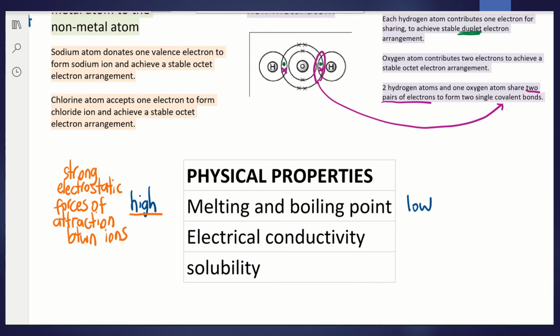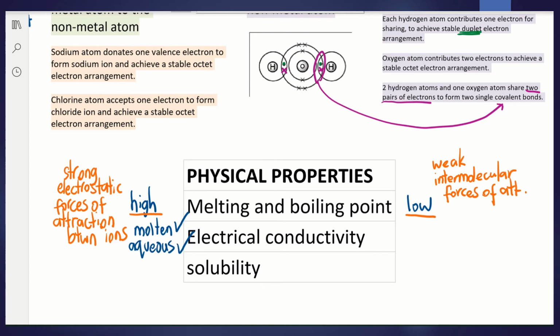Covalent compound has low melting and boiling points due to weak intermolecular forces of attraction. In terms of electrical conductivity, ionic compound can conduct electricity in molten or aqueous states because there are free-moving ions. Covalent compound cannot conduct electricity at any state.